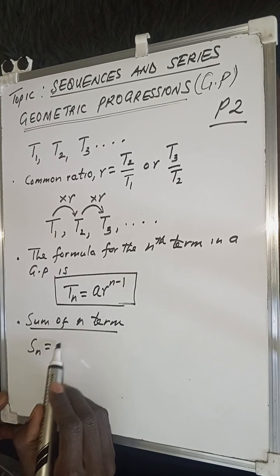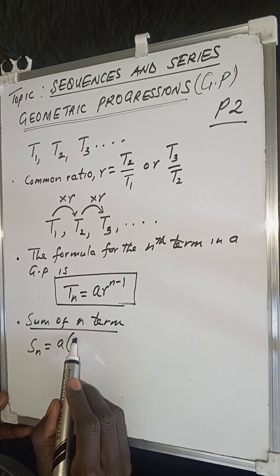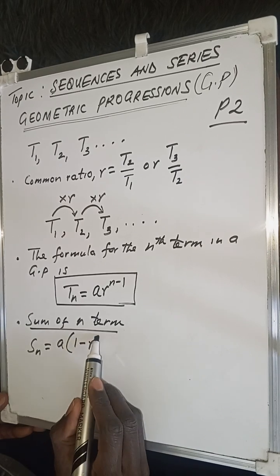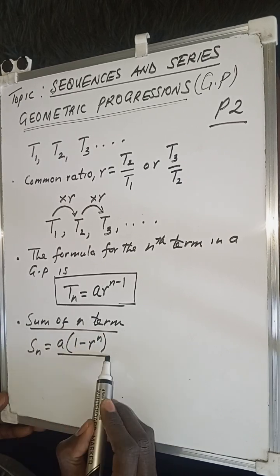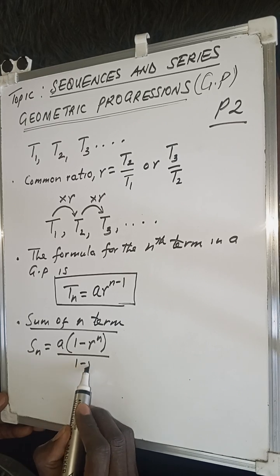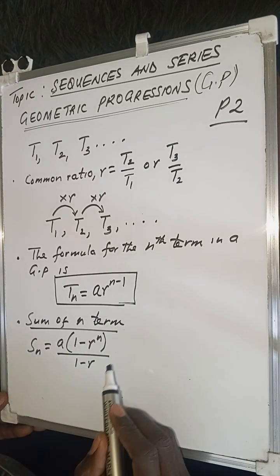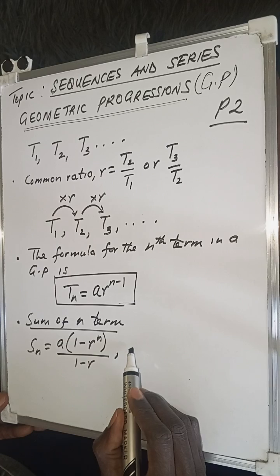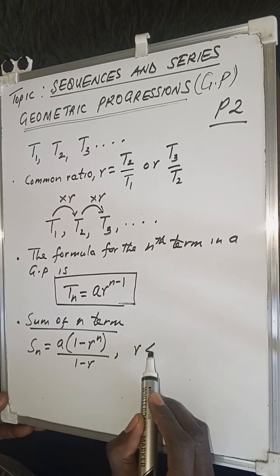Sn is equal to the first term, a, times 1 minus r raised to the power n, divided by 1 minus r. But when do we use this one? We apply it when our common ratio is less than 1.